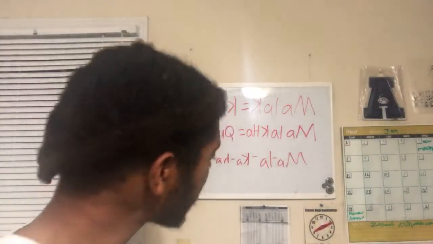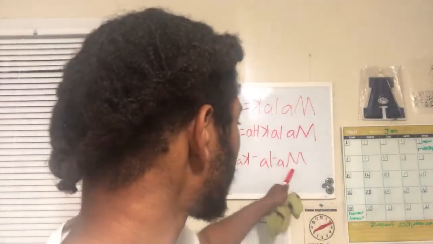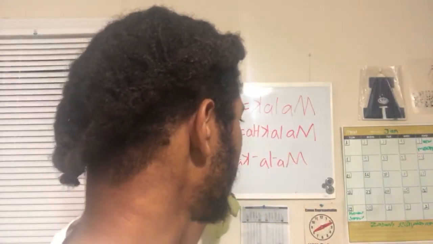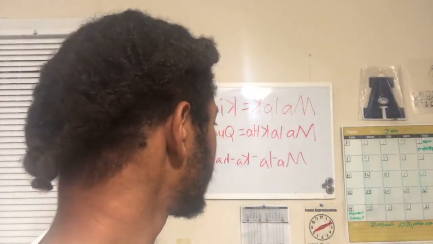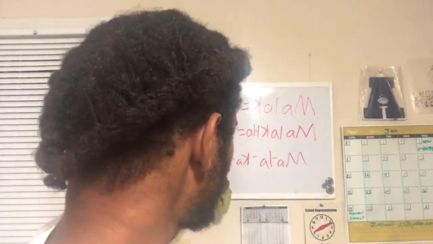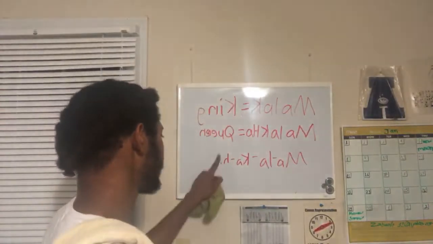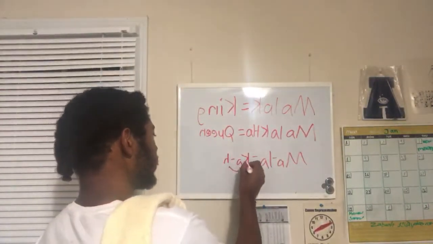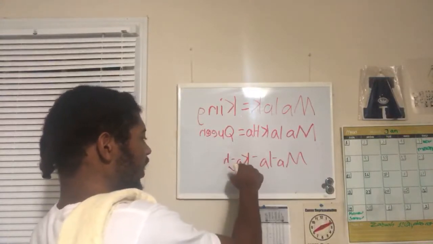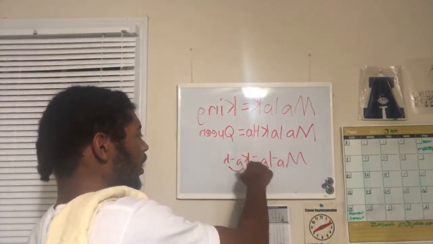So when you think of it, it's like, oh, it's close. But that's ma, la, ka, ha. But it's malaka, right? So you drop that A, like I was saying before, and it's ka. So the K-A-H, ka. Malaka.